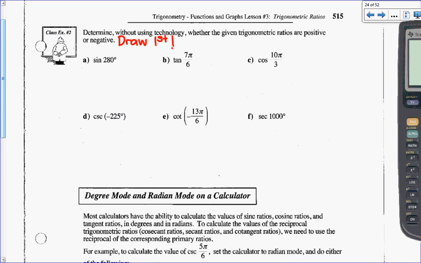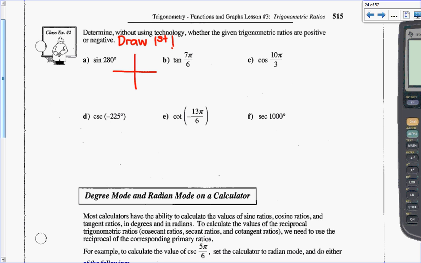So you'll have to watch that. The way that you can tell something is in degree measure is that you will see the little symbol for degree. If you don't see that, it is in radian measure. Be really careful of that because you will go back and forth in this unit all the time. Okay, so draw it first.